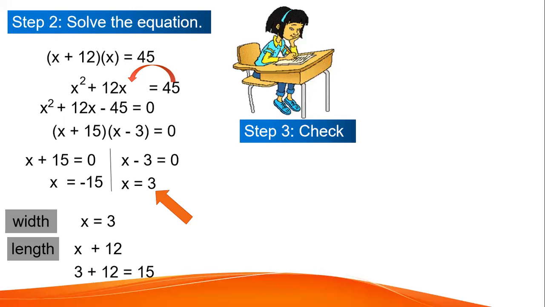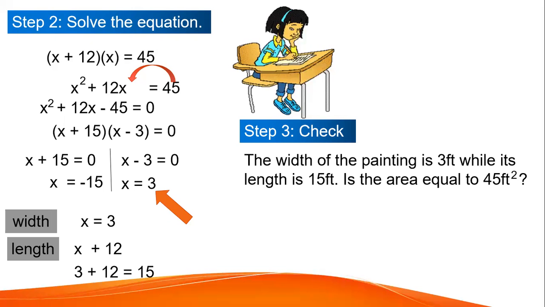Then step 3, check. The width of the painting is 3 feet while its length is 15 feet. Is the area equal to 45 square feet? The formula is area equals length times width.